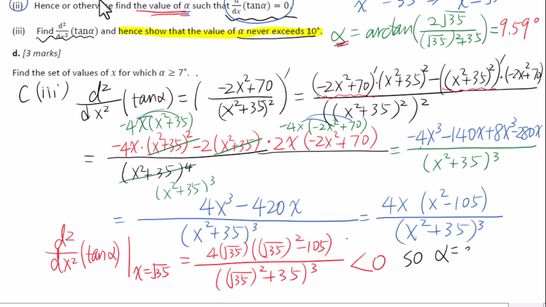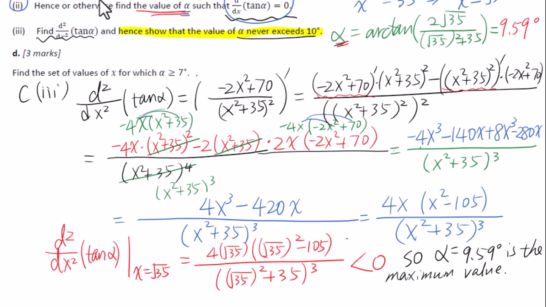So alpha equals 9.59 is the maximum value. In other words, the value of alpha never exceeds 10 degrees.